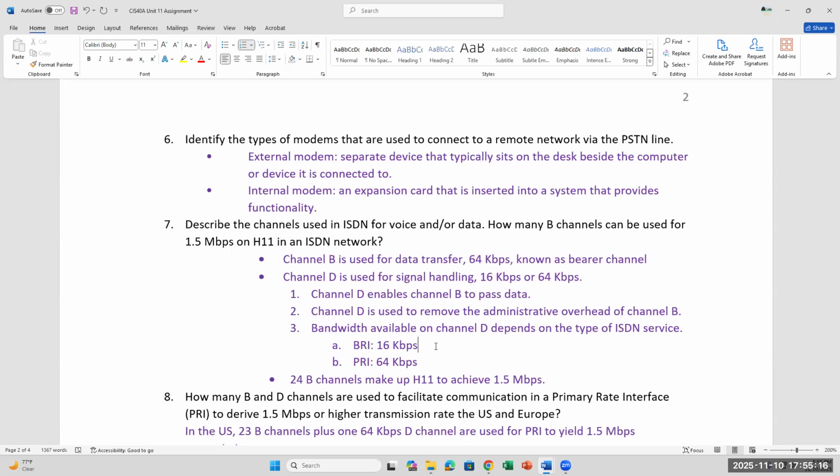You have a dual channel for DSL, 2 times 64 kilobit per second, which gives you 128 kilobit per second. That was the dial-up day and the beginning of DSL. For business, they're able to get 24 times that, which allows them to transfer data a lot quicker.